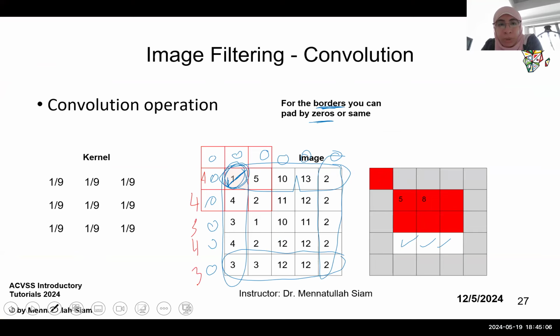And then when you're going to do the convolution, in order to compute the output from this pixel, you just center your kernel, which is just 1/9 all over the elements. So you will have 0 plus 0 plus 0 plus 0 plus 1 plus 5 plus 4 plus 2, and then this is multiplied by 1/9. This will give you the output of this element here.